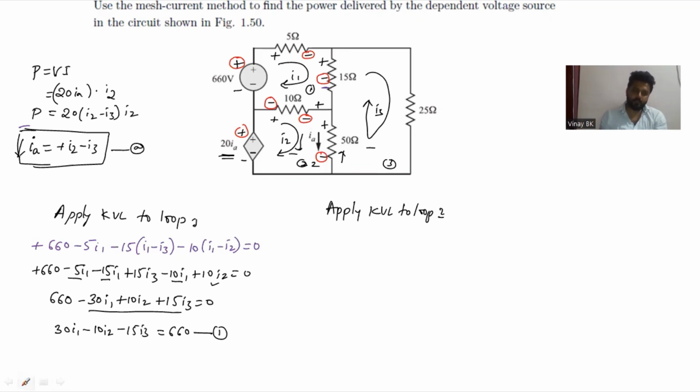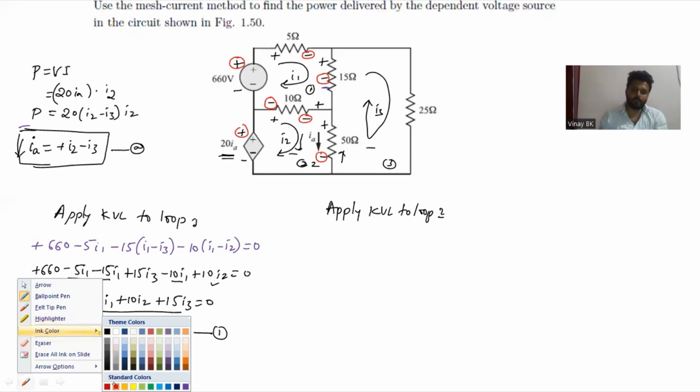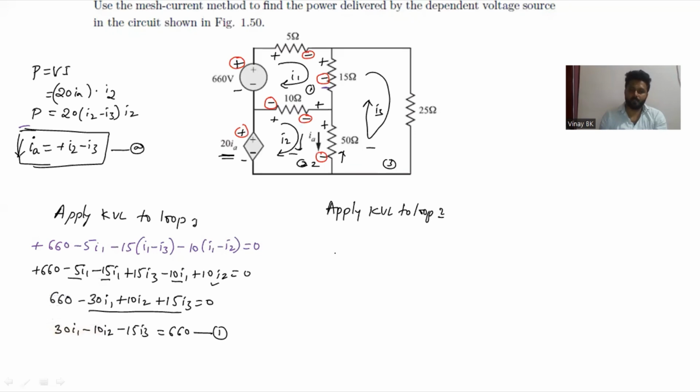Now we write the equation. So how will we write the equation now? For the voltage source, plus 20 into IA, that is the value of the voltage. Similarly, minus 10 into I2 minus I1, minus 50 into I2 minus I3 equals 0.